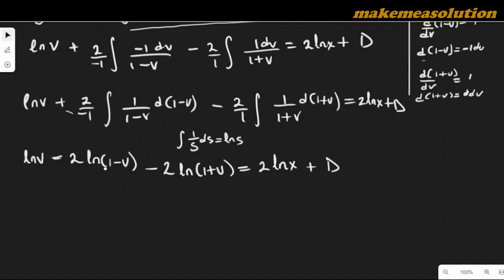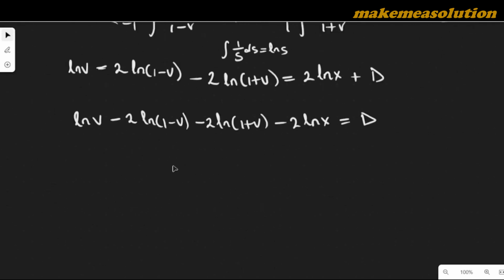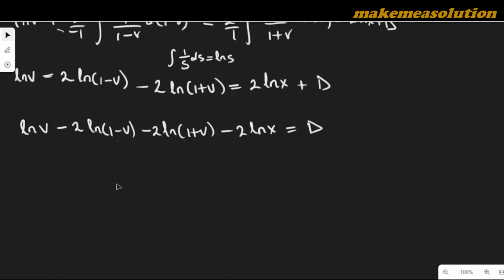Follow me together. I have ln v minus 2 ln(1 minus v) minus 2 ln(1 plus v) minus 2 ln x is equal to d. Alright, so let's simplify this and see what we are going to get.